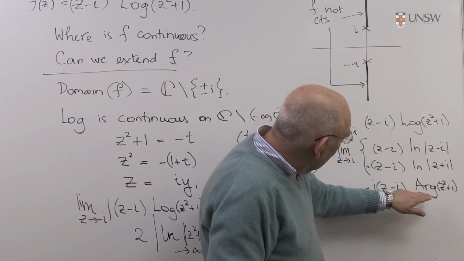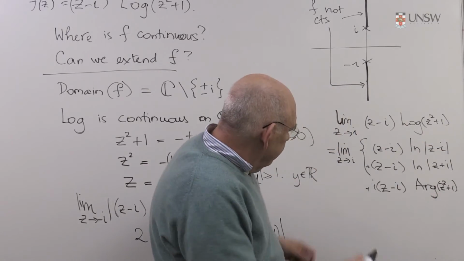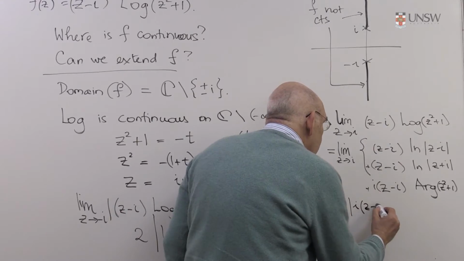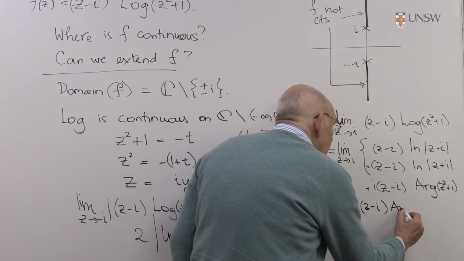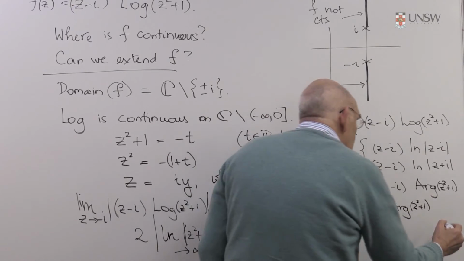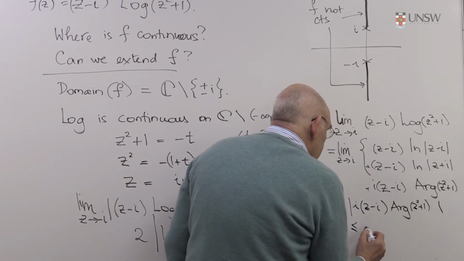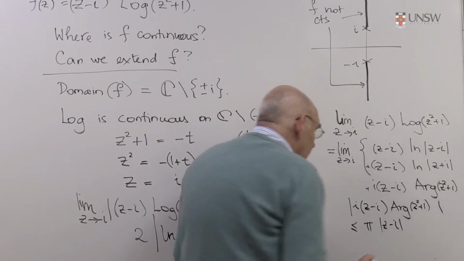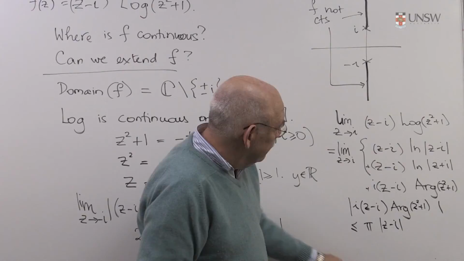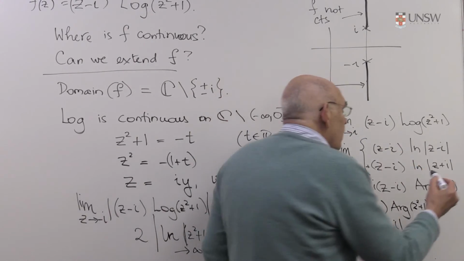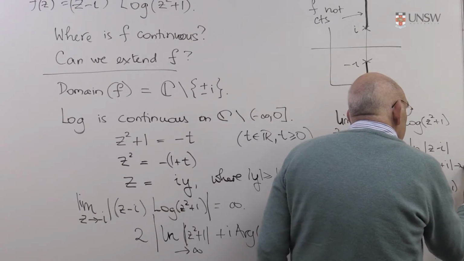This one here, well, the modulus of i times (z − i) times the arg of z² + 1 is always less than or equal to π times the modulus of z − i. As z goes to i, this goes to 0, and so this one is also going to 0. So these two go to 0.